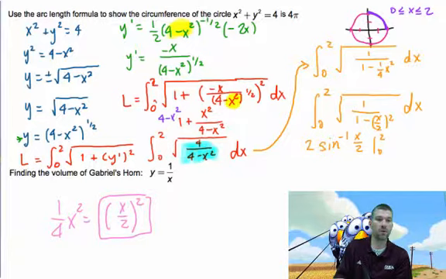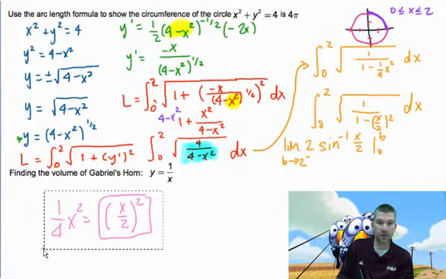So we set up our limit as b goes to 2 from the left, and we change this 2 to a b. There's your setup. Doesn't look too bad, right?